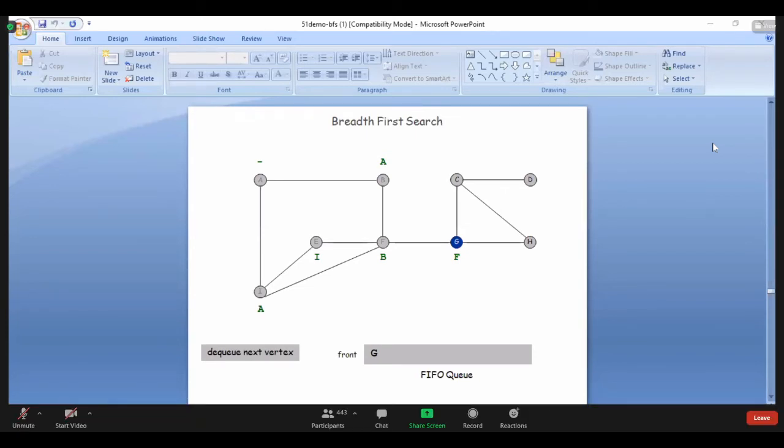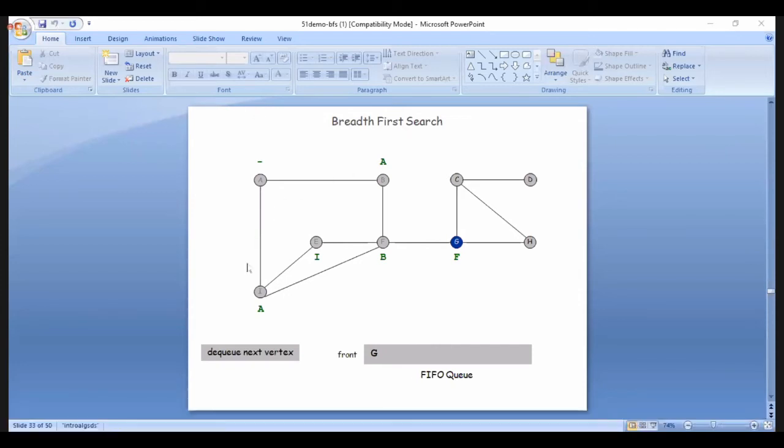It depends upon the number of vertices. For A, here B and I. For A, if there are so many other vertices, B, I, Z, X, Y. Suppose A is directly connected to 5 vertices, then all the 5 should be included.